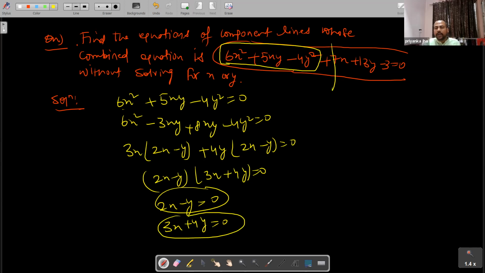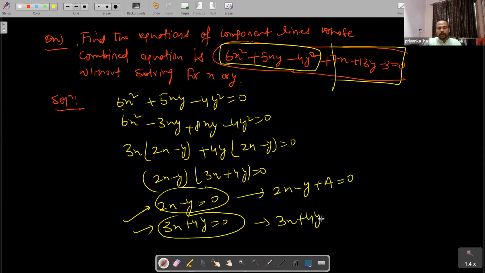And because of the introduction of the constant term, the component lines of this whole equation will be parallel to these component lines. So we just have to add some constant a here and some constant b here.